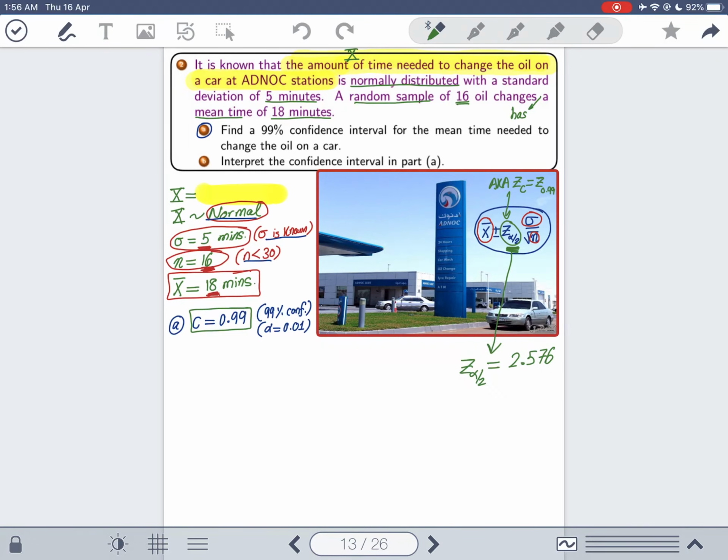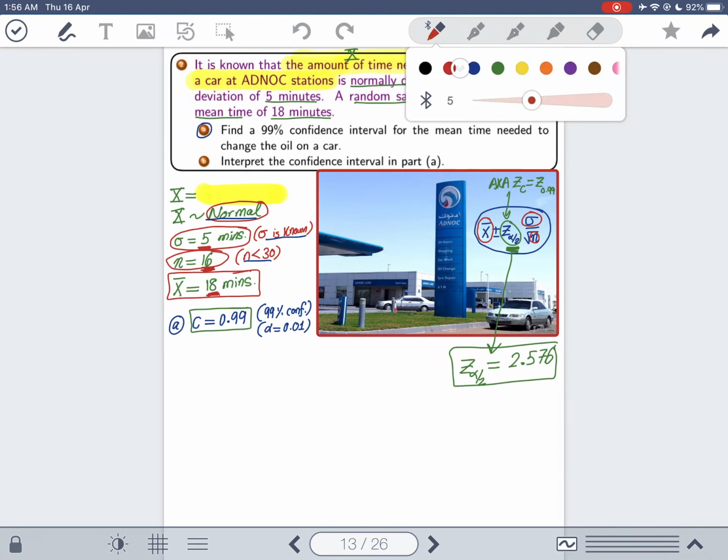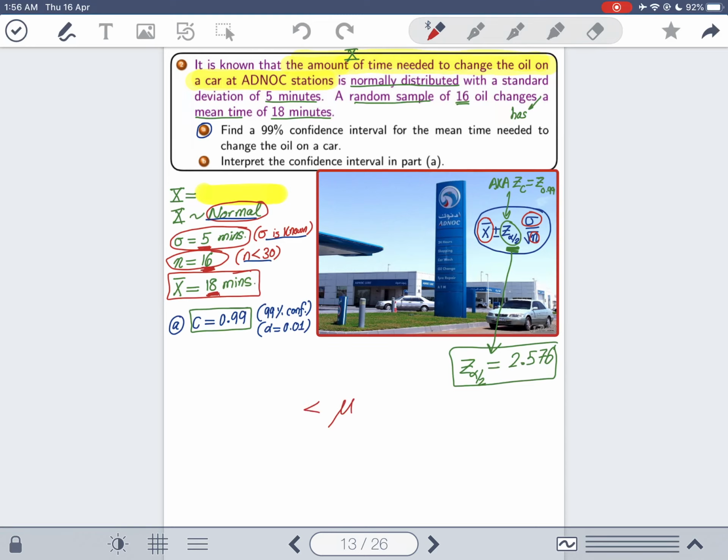Now you only have to find the confidence interval. My mean is going to be between two values. On the left is x bar minus z sub alpha over 2 times sigma over radical n, and on the right you put the plus.